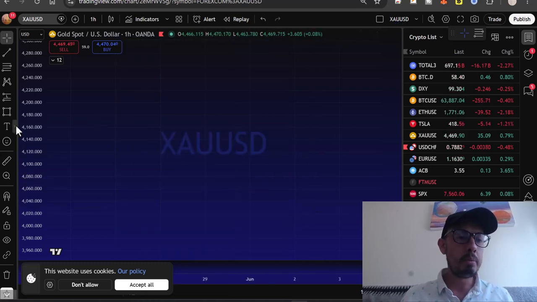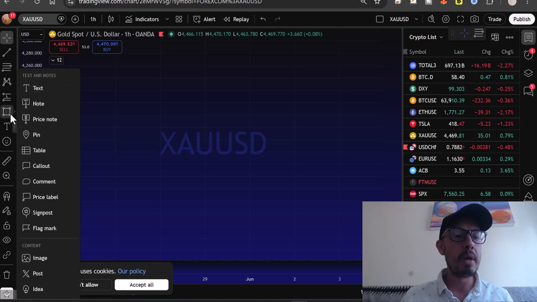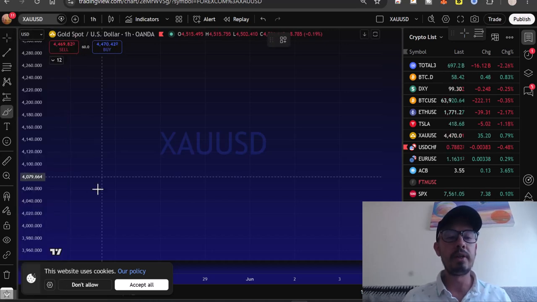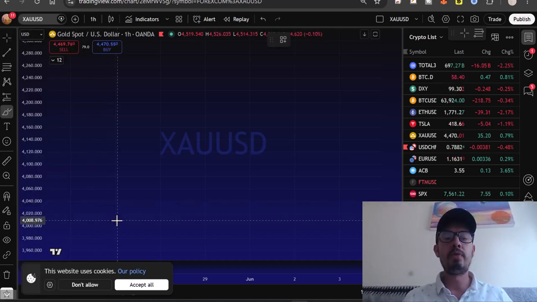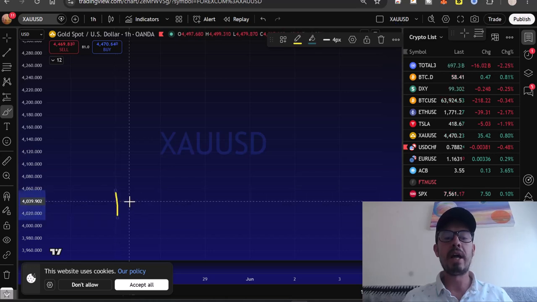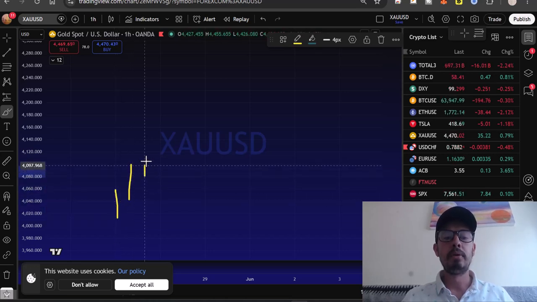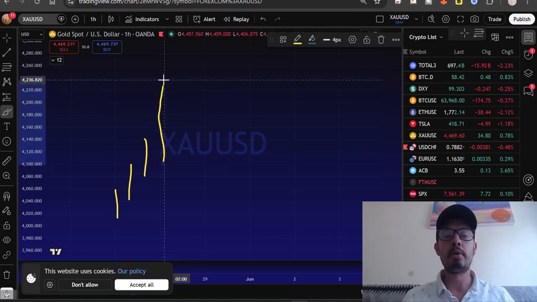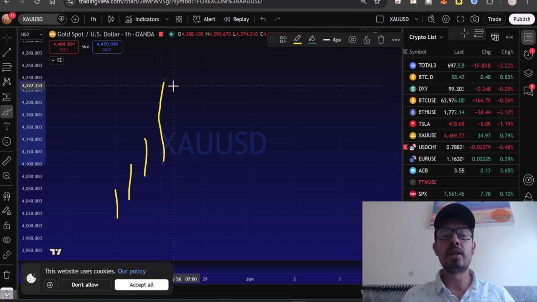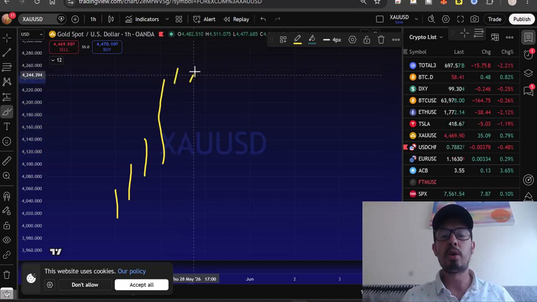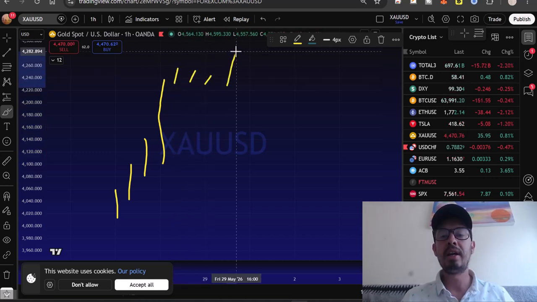So, in the real example, let me just go back quickly to the basics, so you can understand everything. Fair value gap. We can see, for example, price, these are the candlesticks going up. Then all of a sudden we see a big candlestick going up. Then again we see candlesticks kind of consolidating, and then again going up.